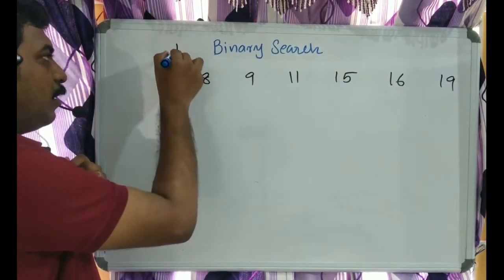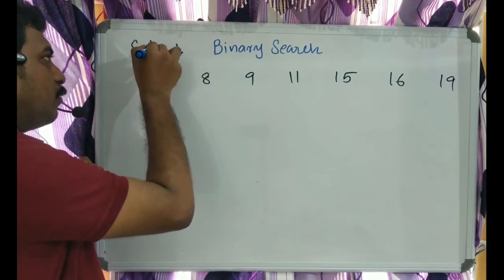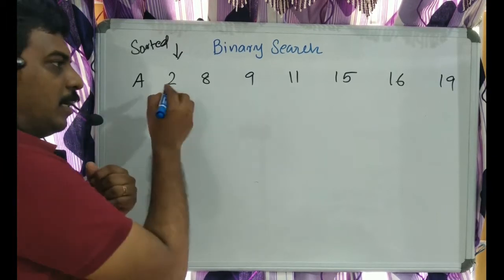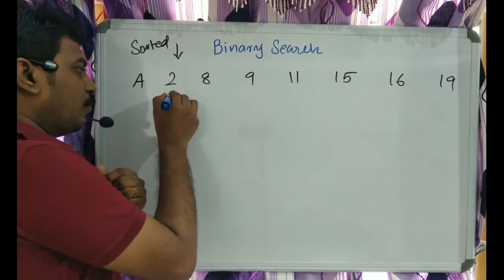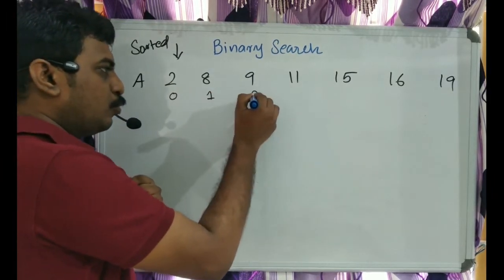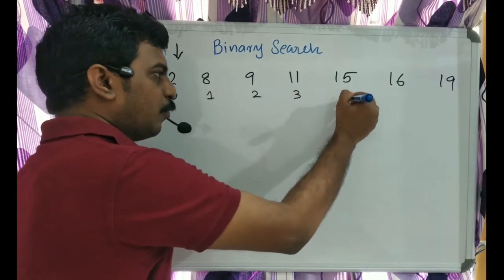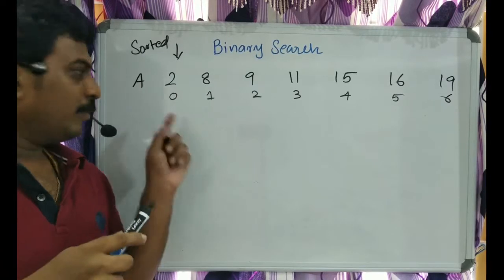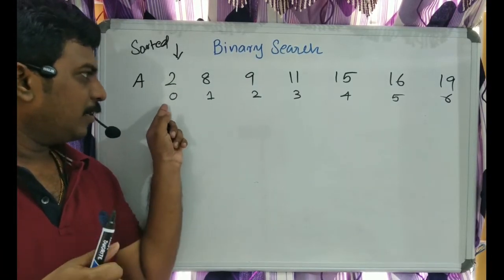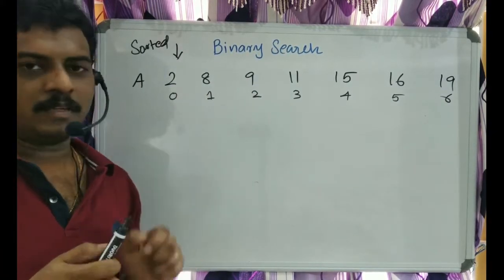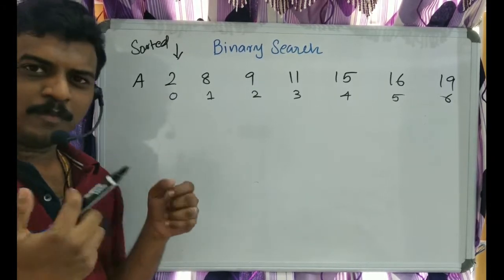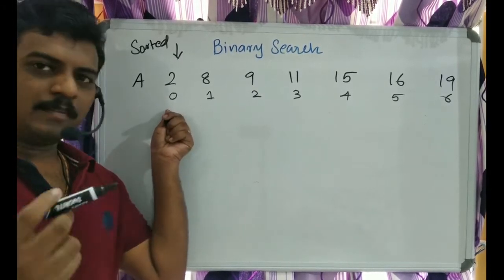So this is a sorted array named A, and I am taking its index from 0, 1, 2, 3, 4, 5, 6. By default, the index starts from 0 in the C programming language, and in most programming languages.